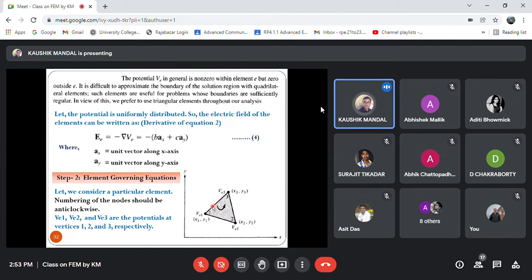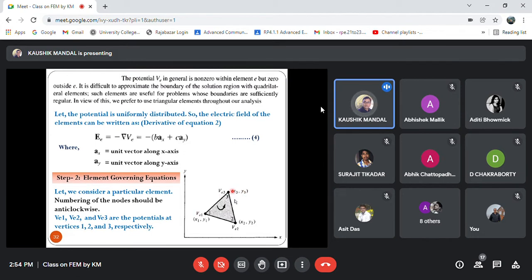The nodes of the triangular element are numbered in the anti-clockwise direction. This is called local numbering, and in the finite element method it should always be in the anti-clockwise direction. You can start from any point, but you have to move anti-clockwise to number the nodes of the element.